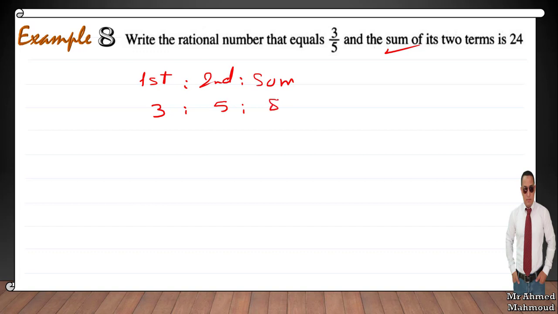Their sum equals 8. And he asked me the sum of the new number is 24. The first number equals 3 times 24 over 8, which equals 9. The second term equals 5 times 24 over 8, which equals 15.